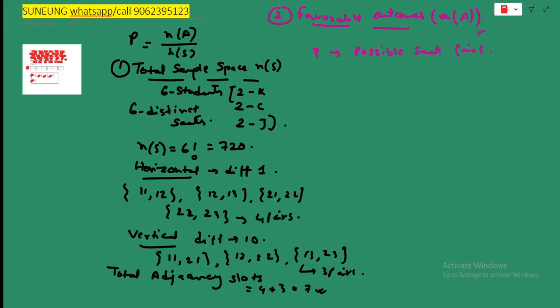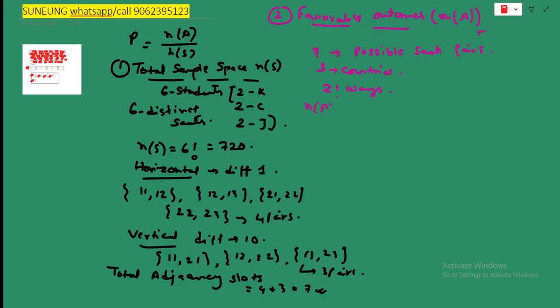Right? Now pick the country. There are 3 countries: Korea, China and Japan, and that could be the lucky adjacent pair. Now arrange the pair. The 2 students from that country can swap the seats in 2 factorial ways. Right? Now arrange the rest. The remaining 4 students can be seated in the remaining 4 seats in 4 factorial ways. Right?